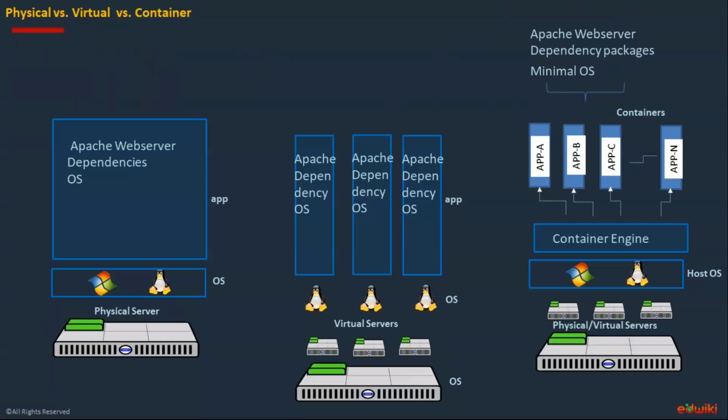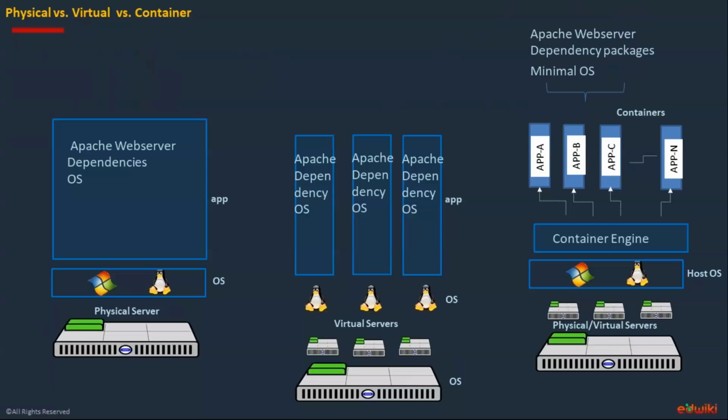Simply put, just as a physical server is virtualized into multiple virtual servers and each virtual server is running, in the same way the container engine takes care of creating multiple isolated wrappers, and the applications will be running inside them. What makes the difference, guys, between the virtual server architecture and the container architecture?